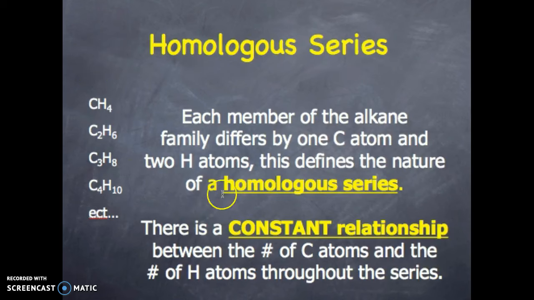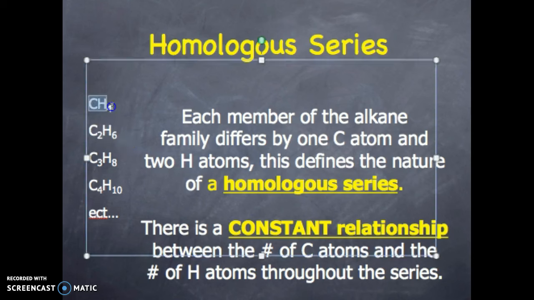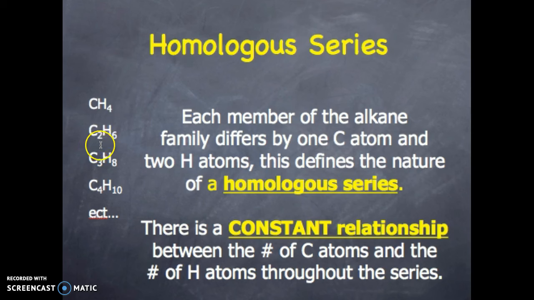So this is what we call a homologous series. Each member differs from the previous member by 1 carbon and 2 hydrogens. So if we look at the first one, the series is CH4, methane. Ethane is C2H6, so it changes from methane by 1 carbon, because there's really 1 here, and 2 hydrogens. And then let's look at propane.